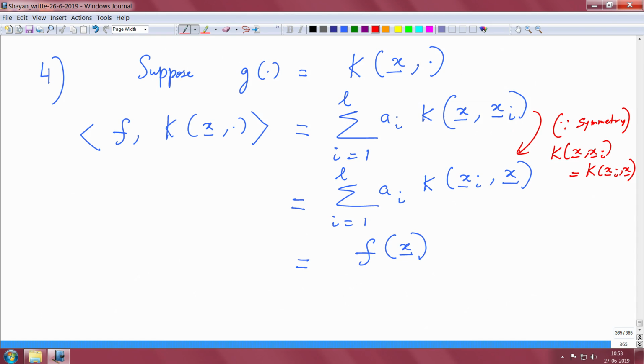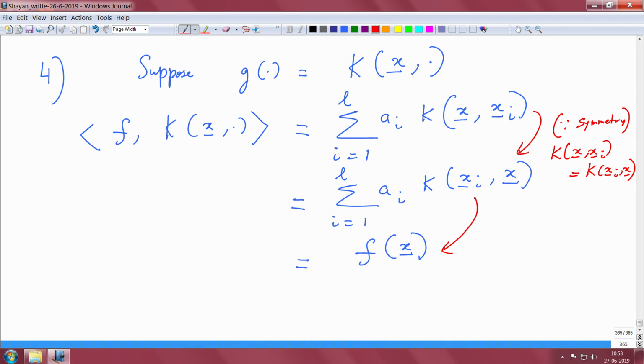I have just rearranged it slightly differently, and what I get back is the summation i equals 1 to L, a_i kernel acting on xi and x, and this by definition is my f of x.